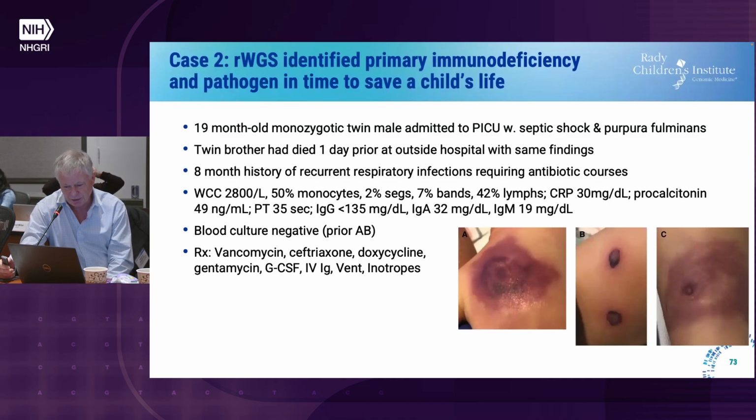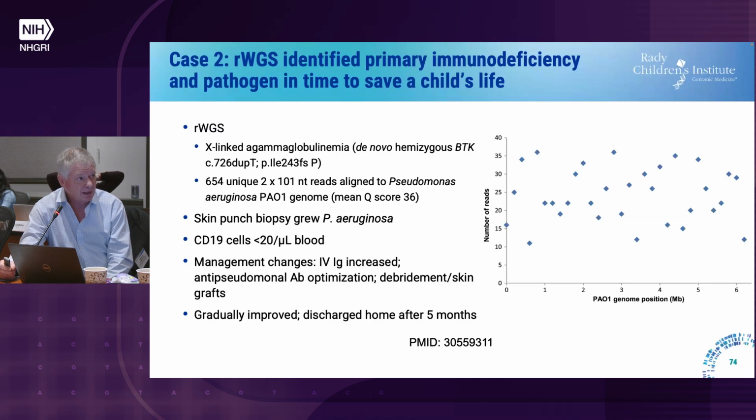So let's get to it. Indeed, a genome is ordered, and it shows that he has X-linked agammaglobulinemia, and most likely so did his monozygotic twin, explaining both of their presentations.